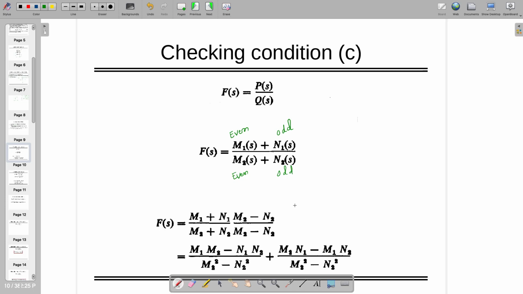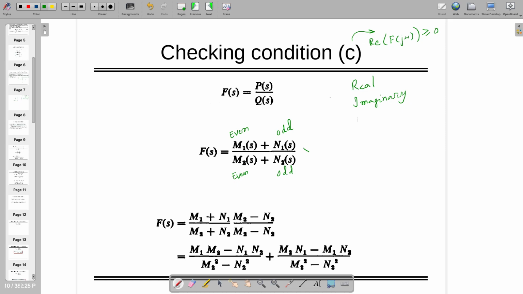Now if you have such a situation and you have to make the equation which has real and imaginary parts, this is what I want to distinguish, because the third condition says that the real part of F of j omega has to be greater than or equal to 0.